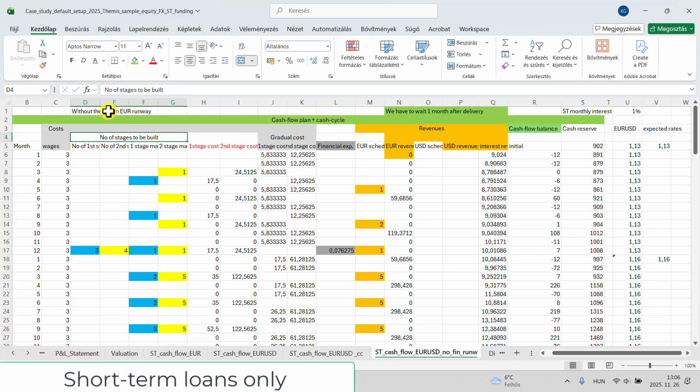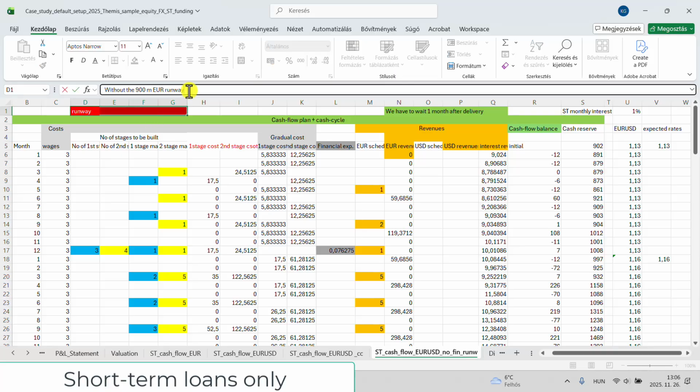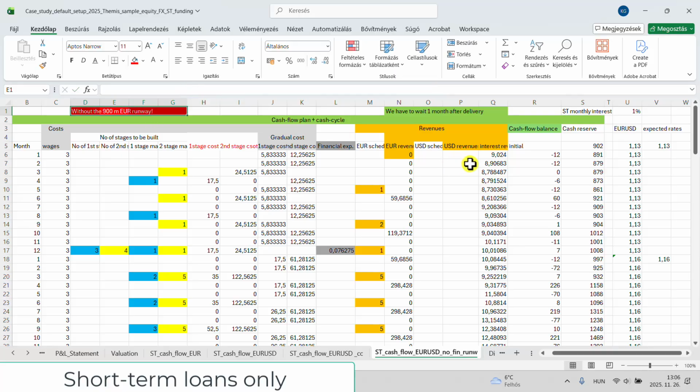So let's test this schedule, what happens without this runway. Okay, let's use red. This is a warning. So what happens if I'm just erasing this cash reserve? How much money should we borrow on short run?